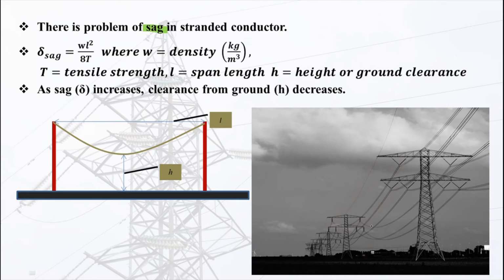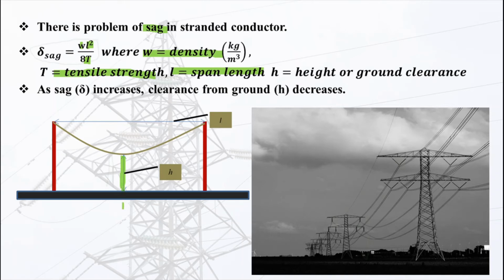The formula of sag is W L squared by 8T. Here L is the span length, or length between towers, W is the weight per unit length of the conductor, T is the tensile strength, and H is the ground clearance or height. See, this is the ground clearance, this is H.